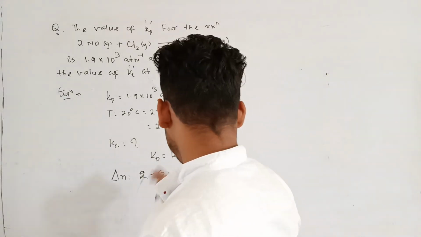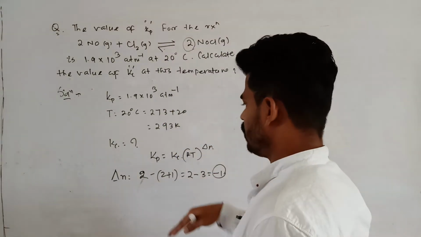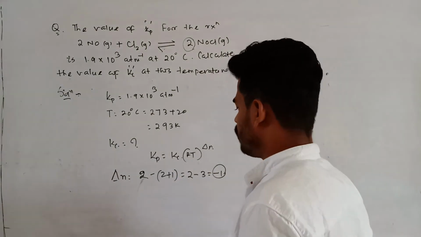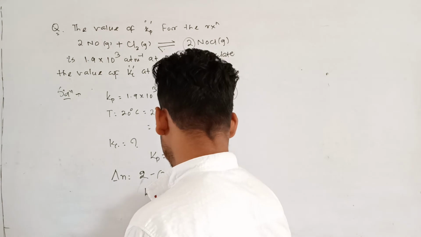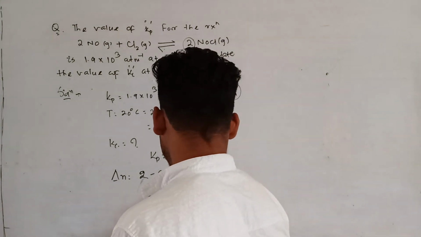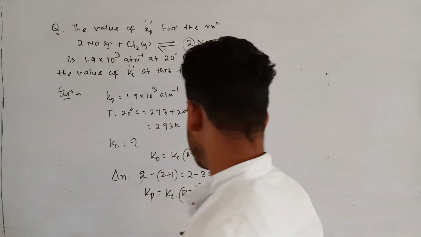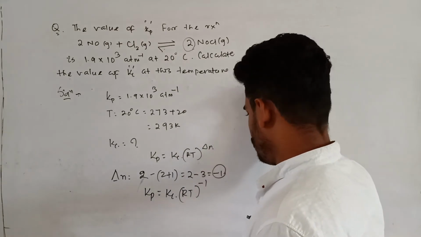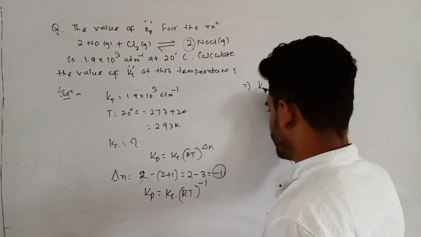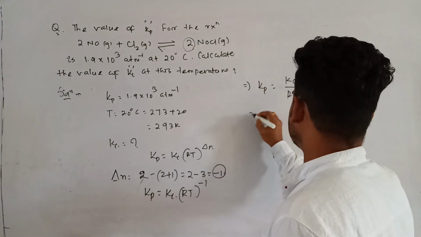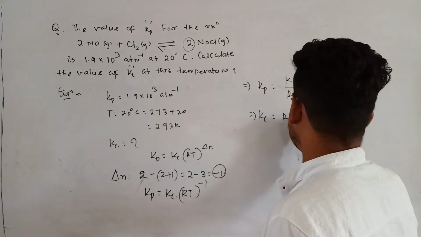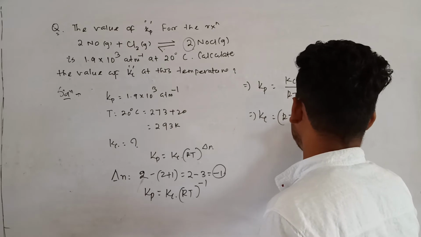So substitute the value of change in number of moles, del N, in this expression. What you will get is Kp equal to Kc into RT to the power minus 1. So Kp is Kc upon RT, which implies Kc is equal to RT into Kp.